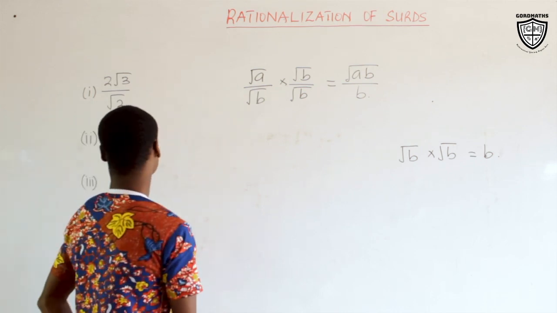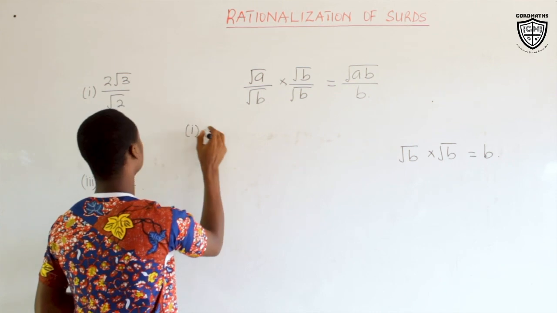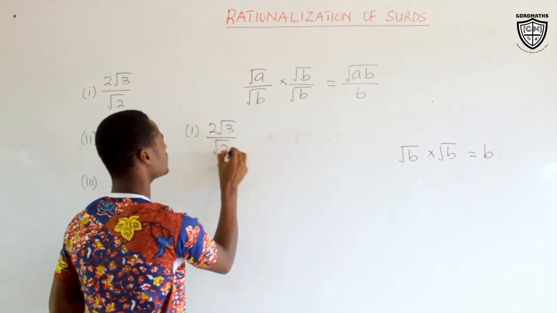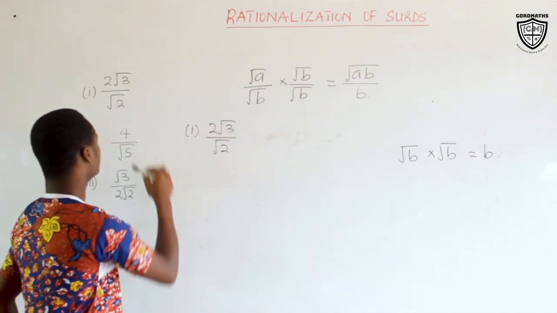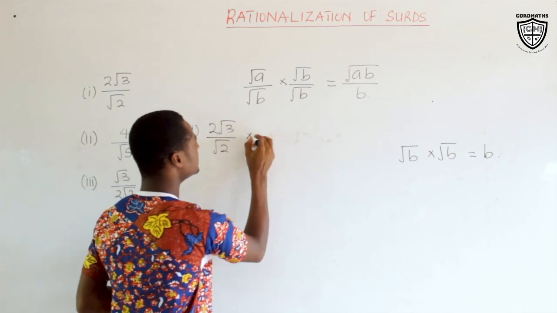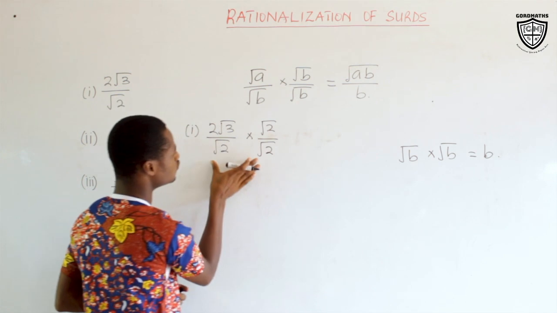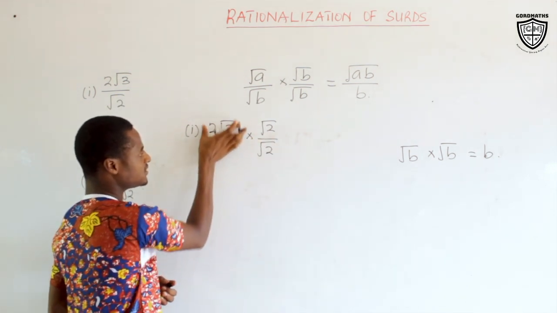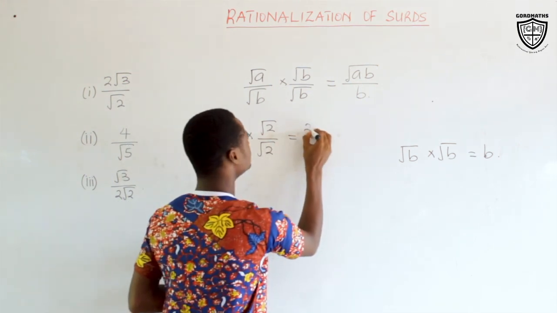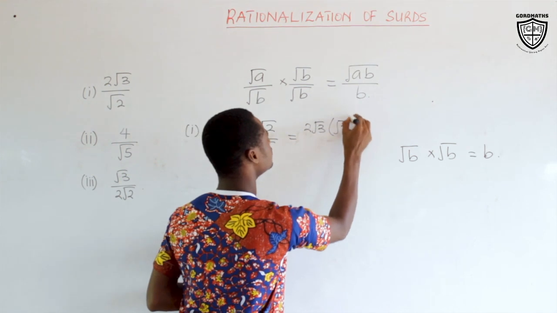For the first example, I, we have 2 square root of 3 divided by square root of 2, where we know that to eliminate square root of 2, we must multiply both the numerator and the denominator by square root of 2 to obtain an equivalent fraction. Then we multiply 2 square root 3 by square root of 2.